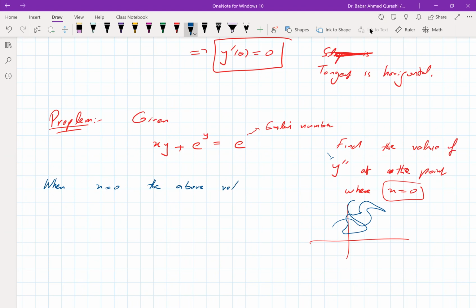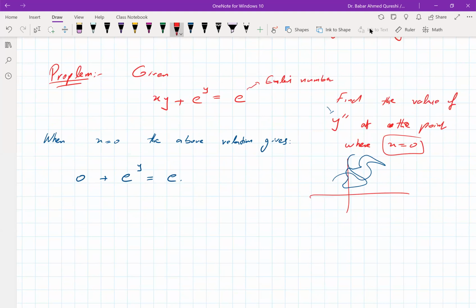The above relation gives us 0 plus ey is equal to e. So ey is equal to e. So how is it possible? This implies that y is 1 when x is 0.